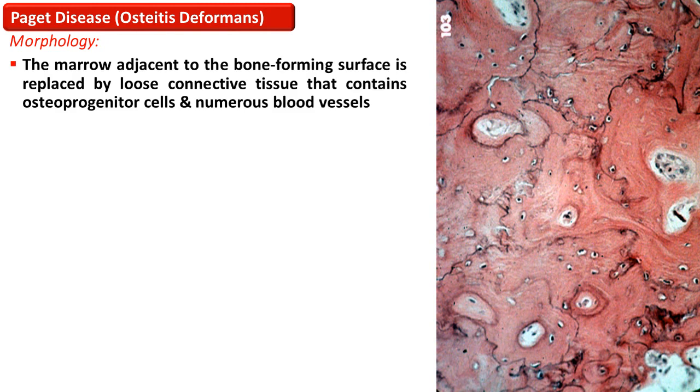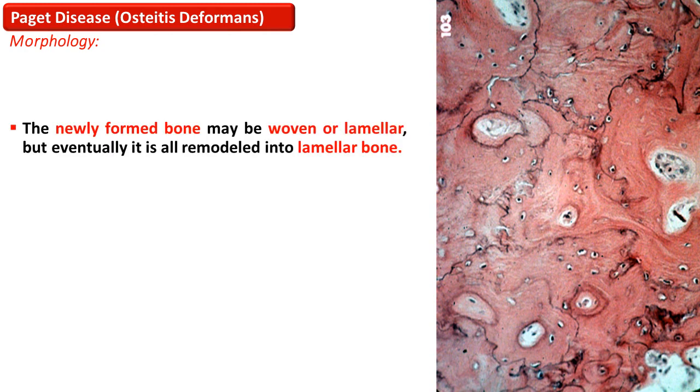So first there is replacement of marrow adjacent to the bone forming surface by loose connective tissue having osteoprogenitor cells and numerous blood vessels. First woven bone is formed, which is ultimately replaced by lamellar bone.